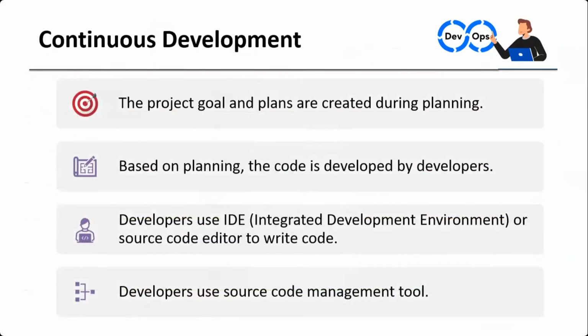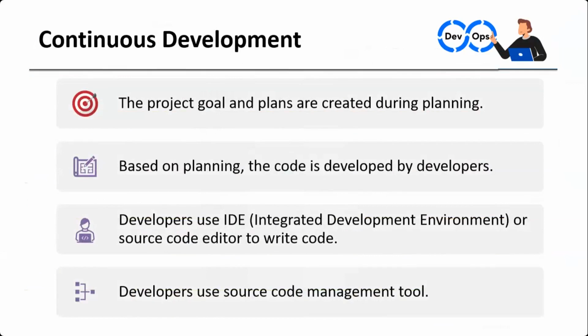So the first process, continuous development, is a fundamental phase in the DevOps lifecycle. It is focused on translating a project plan into functional code. It starts with a clear goal, goal setting as well as planning, followed by code development using an IDE or a source code editor.